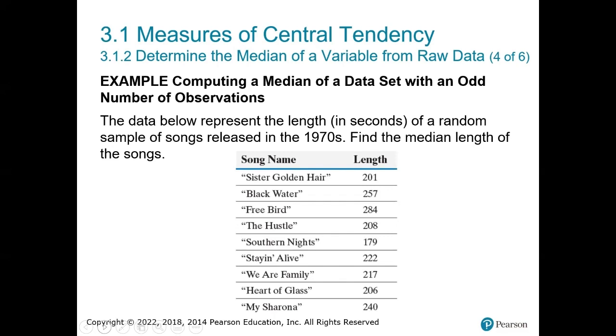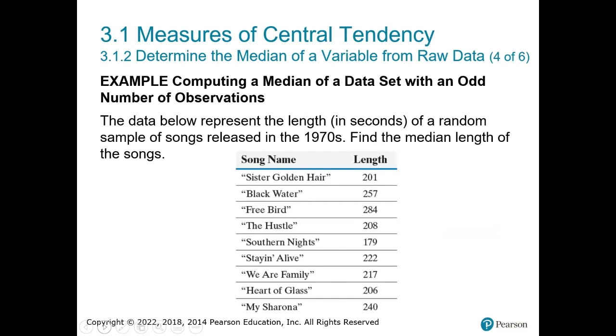This is the length in seconds of a random sample of songs that was released in the 1970s. We're going to find the median length of a song that would have been released in the 1970s. In order to do this, I first have to arrange them in ascending order.